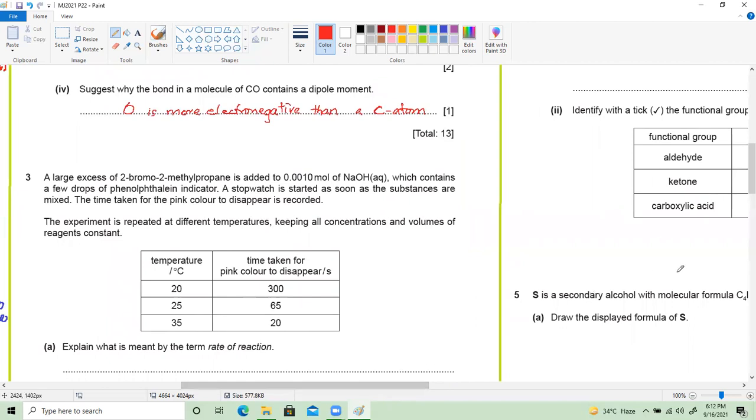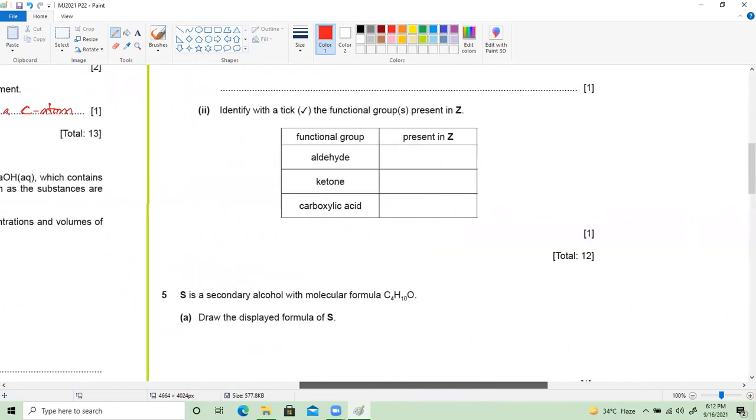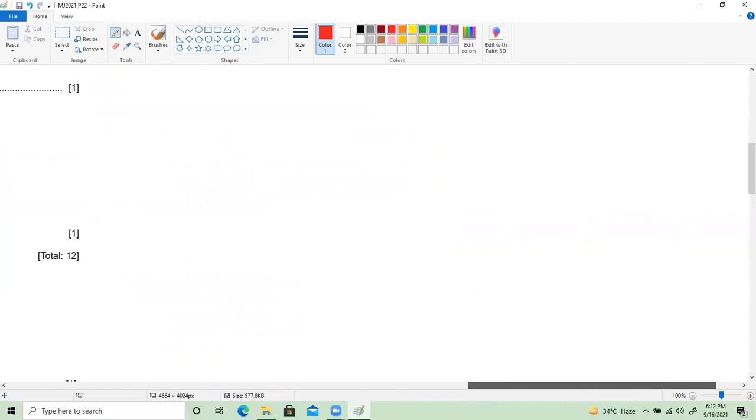Okay, question. When we talk about dipole moment, it relates to directions. We know that a dipole moment is a vector quantity, right? A vector can be shown with the help of an arrow.